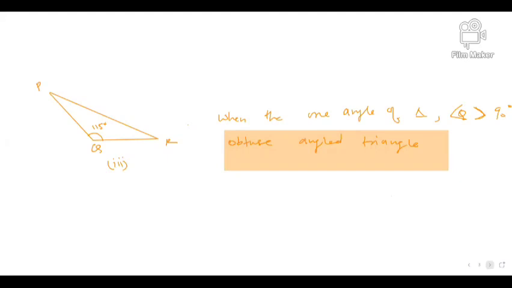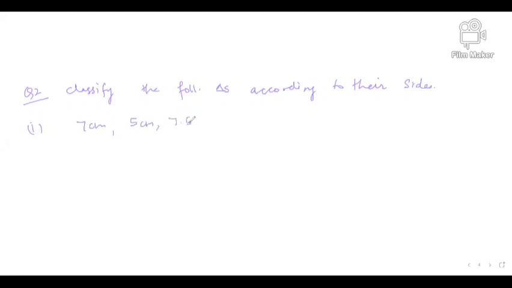Now, the second question is given as: classify the following triangles according to their sides. The first is given as 7 centimeter, 5 centimeter, and 7.5 centimeter.